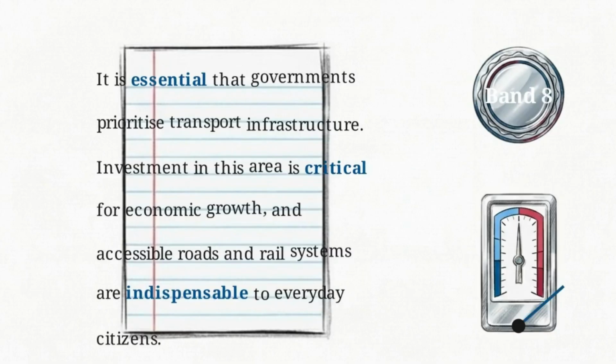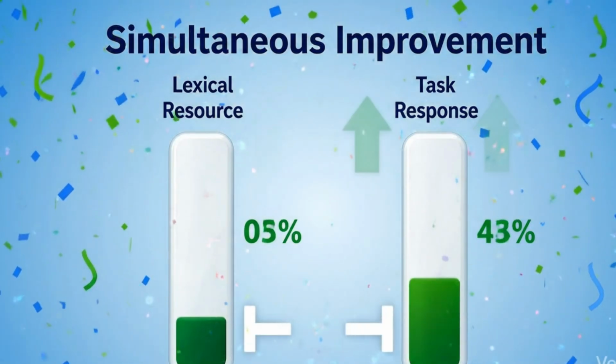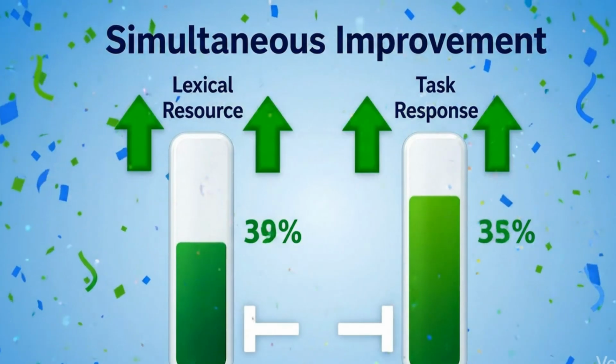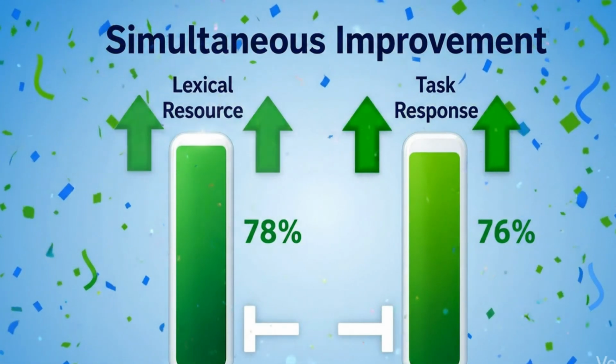Swapping out a repetitive word for precise alternatives like essential, critical, and indispensable shows the examiner you have the range to express degree and nuance. Shifting your focus away from personal anecdotes towards academic claims, while actively deploying varied word families, elevates both your lexical resource and task response scores at the exact same time.